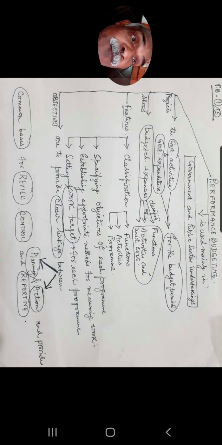What are the features of performance budget? Features are classified as per the functions, as per the activities, and as per the programs. First of all, you have to specify the objective of each and every program.